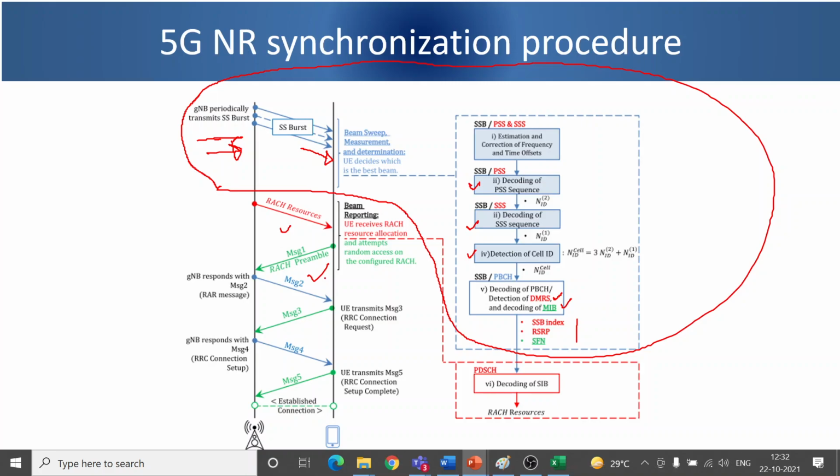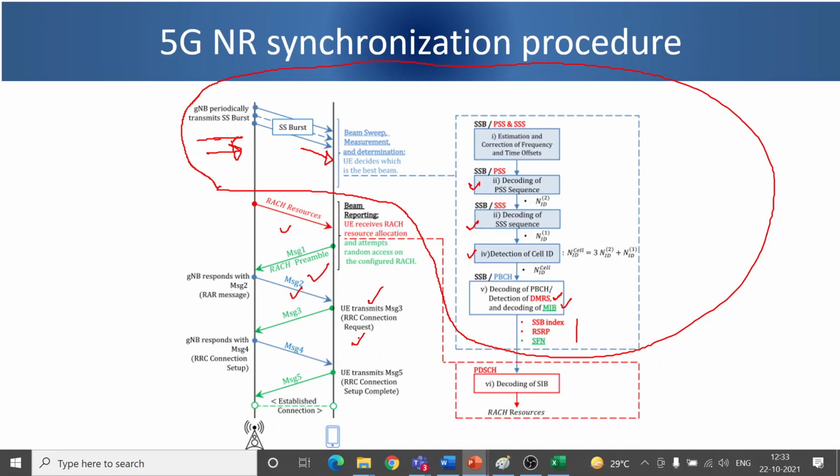If it collides, then the process starts again. Otherwise, you get message 2 from the gNodeB, which is a response, the random access response, RAR we call it. At this point, the UE gets certain information, and now it can request a radio resource connection.